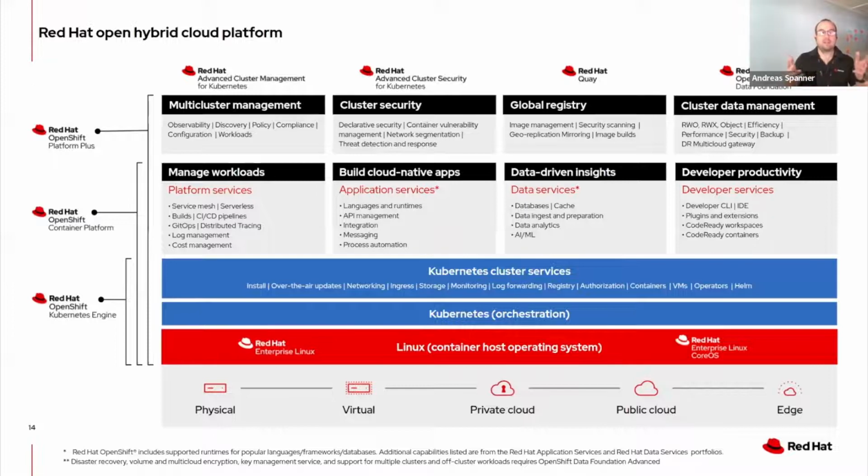Then you have Kubernetes as the open source project. Then we've got Kubernetes cluster services: installation, over-the-air updates, networking, ingress, log forwarding, everything you need as an enterprise. And on top of that are the workloads I mentioned earlier, like the data services, application services, and platform services, whether it's service mesh or serverless, or your CI/CD tooling.